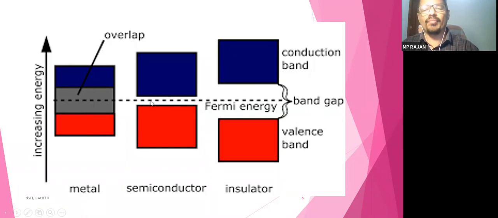That means some supply energy is required. So in normal temperature, normal condition, a semiconductor is not conducting. It is just acting like an insulator, but it can be conductive if you give external energy. Normally we call it an electron volt.